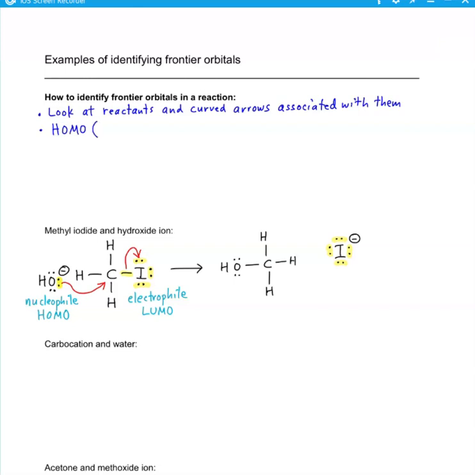So going back up to the top, the HOMO is what the nucleophile or base uses. Now, typically, this is going to be one of two things. In this example, it's a lone pair. So the lone pair on the hydroxide that I highlighted initially, those are the electrons that are being used. But what kind of orbital are those in?